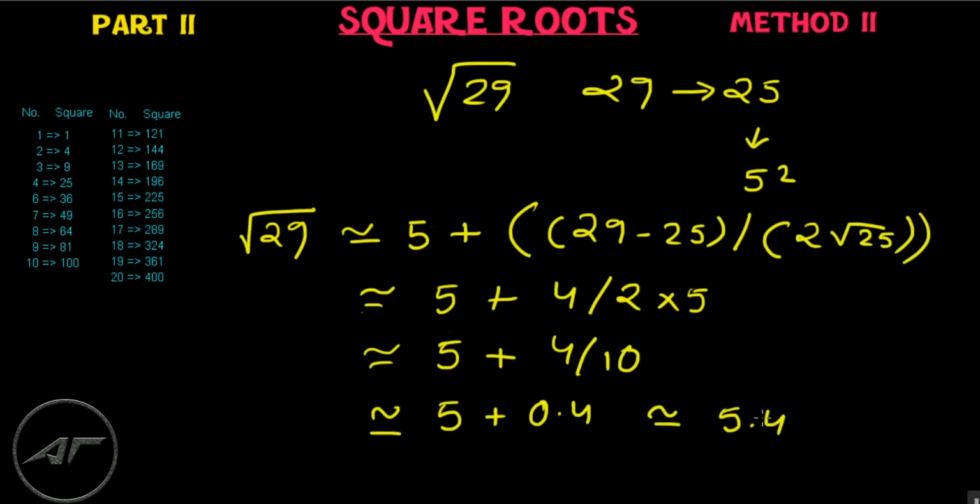So this will be the closest approximation of the square root of 29.